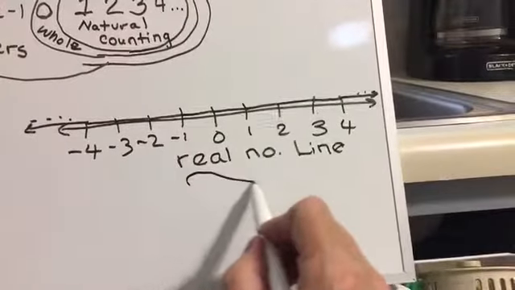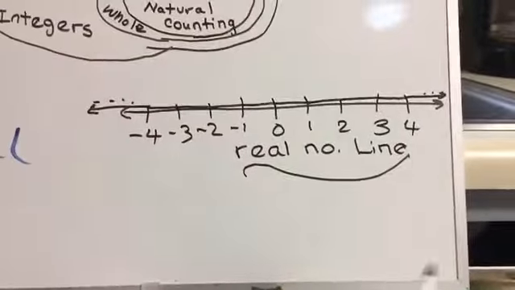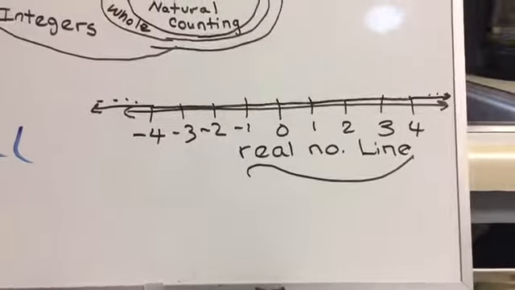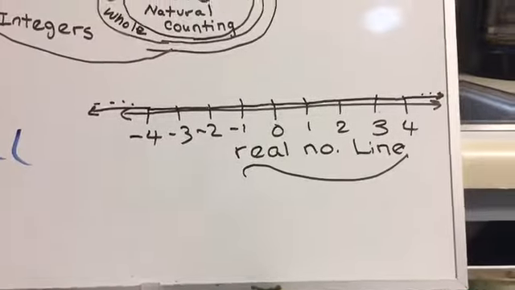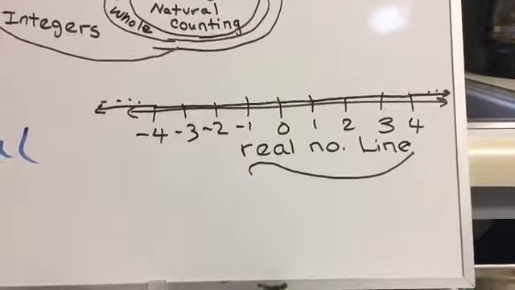Those are the real numbers. Okay, so we're going to work on categorizing these numbers. Now let's look at how many of the little groups we have already talked about and the ones that we need to continue talking about.